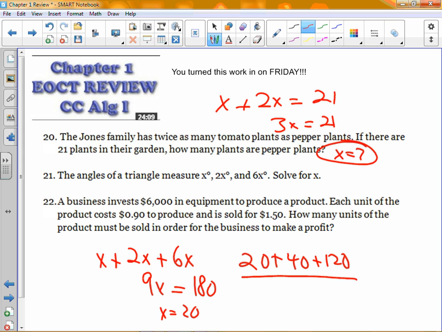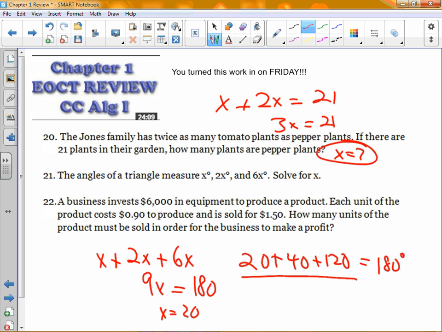Guys, the stuff works. That's the biggest thing that I want to get you to understand as we progress through the week. While word problems may be a little bit harder to set up and work, and you may have to remember, like in the first one, that you have to add those together, or in the second one, you have to set them up equal to 180, once you work the problem, guys, it works.